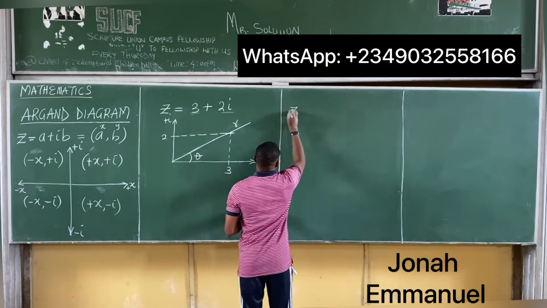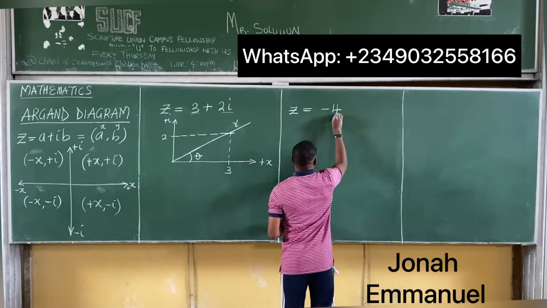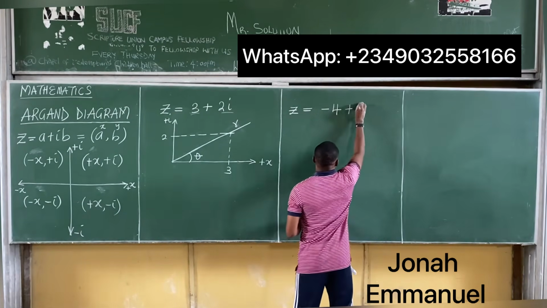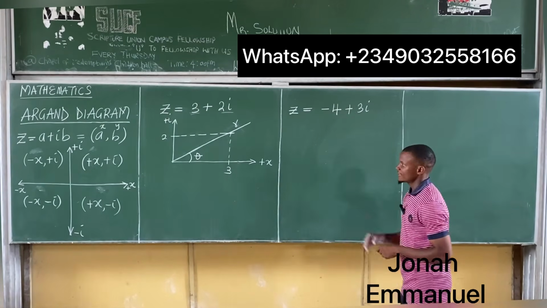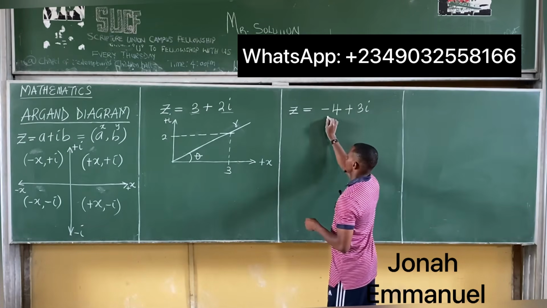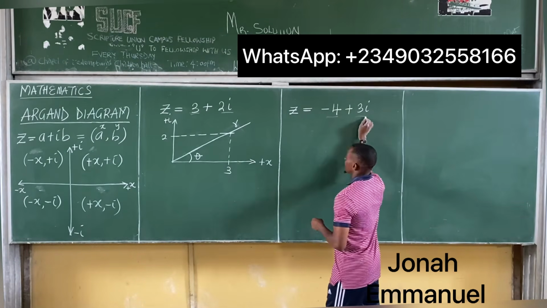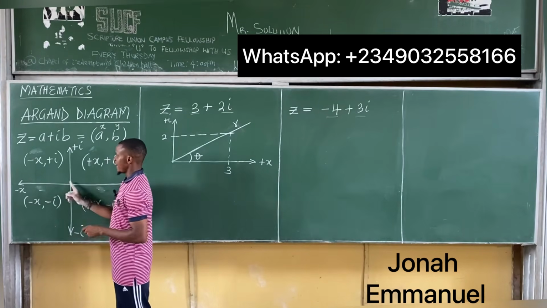Let's say we're given z is equal to minus 4 plus 3i. To sketch an Argand diagram for this, I'm having a negative x value and a positive i. Negative x, that's this way. Positive i, that's this way.